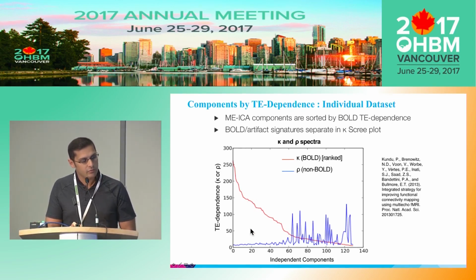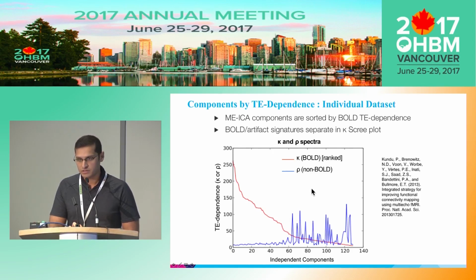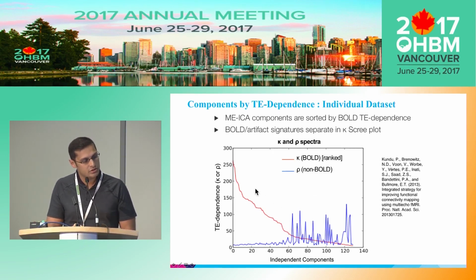Then for every one of those components, if you plot the corresponding rho value in blue, you get this plot. So for this particular component, which is like 53 or whatever, this value of kappa corresponds to this value of rho. From this image, you can see two regimes of components emerge naturally from the data: one regime of high kappa, low rho, and another that's high rho and/or low kappa. So there's a natural splitting of the data.